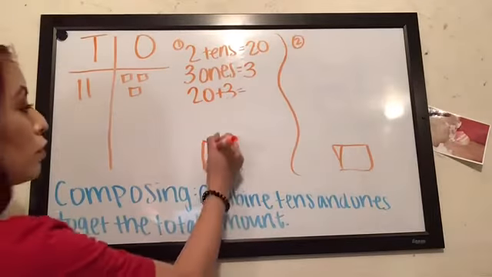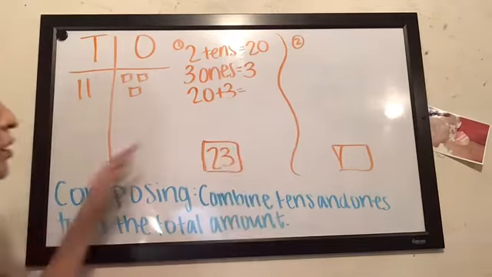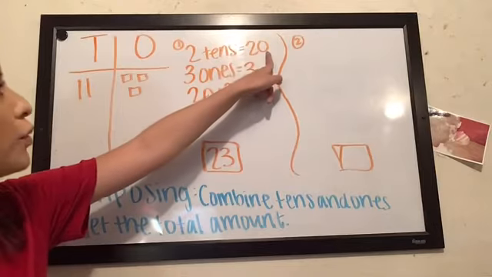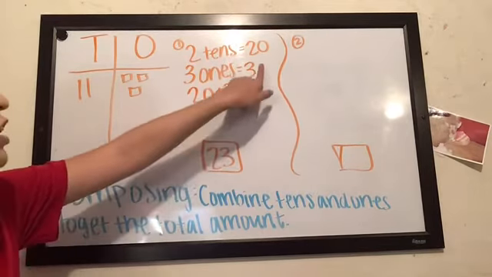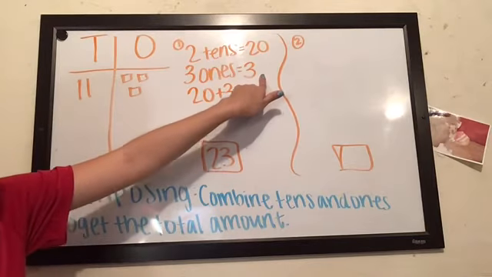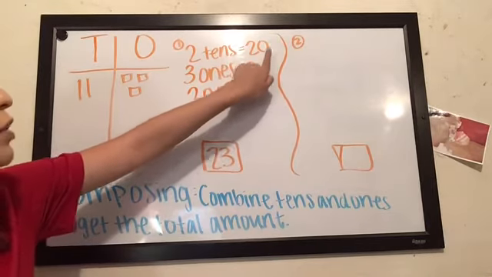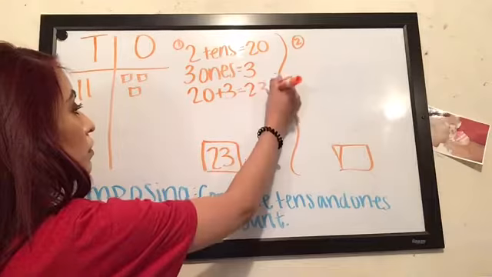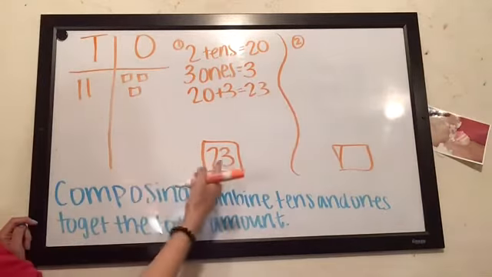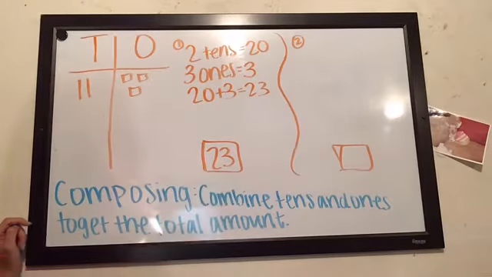We have a total of 23, right? Because 2 10s equals 20. So we have 20 in total for the 10s. 3 ones equals 3. We have 3 total for the ones. So if you compose them, put them together, we have a total of 23. And we have 3 ones and 2 10s.